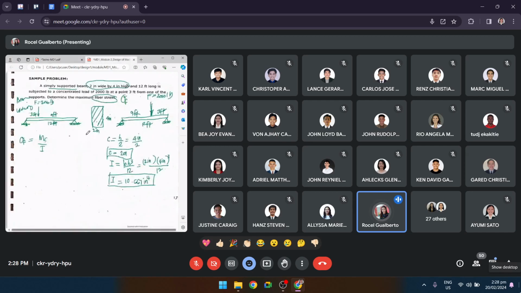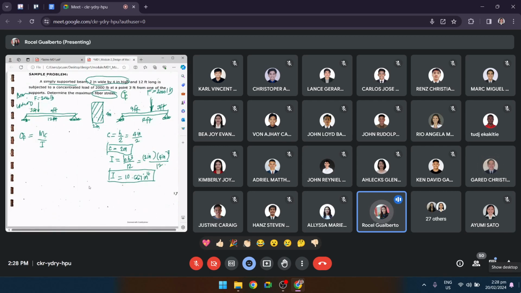So we have here, for the moment, M maximum is equal to FAB divided by L. This is taken from table 82 page 5. Then you substitute the values.